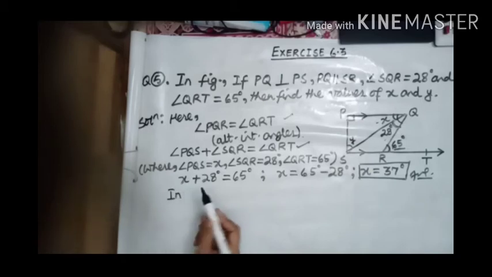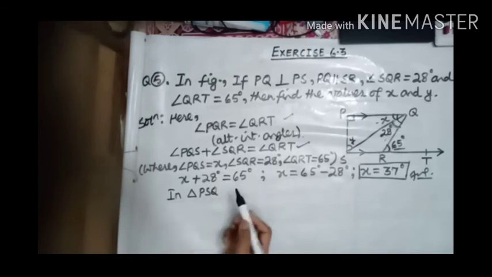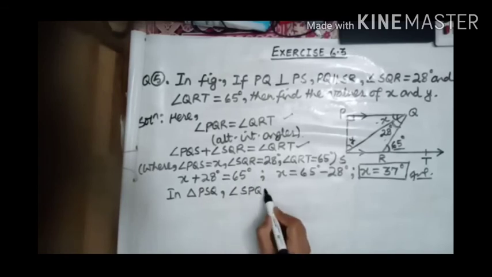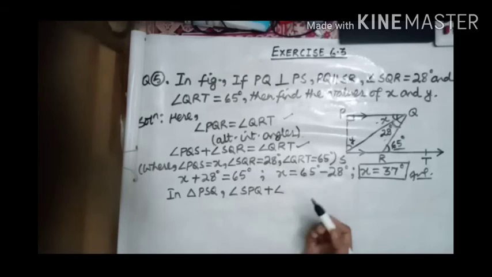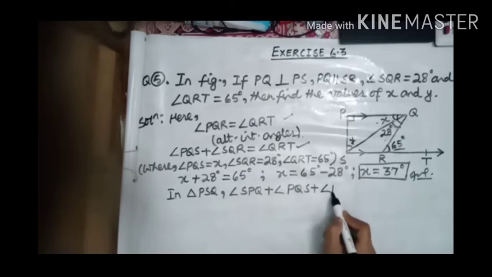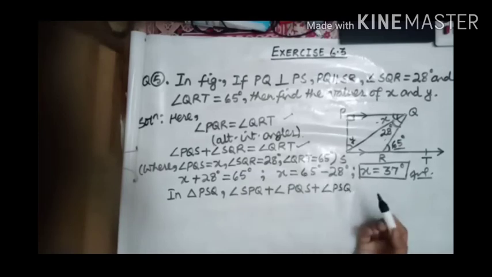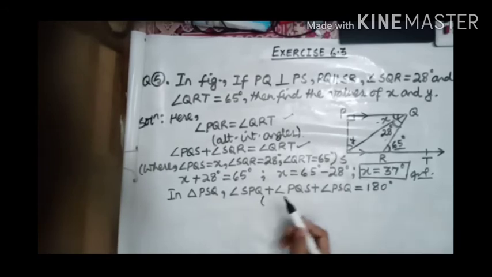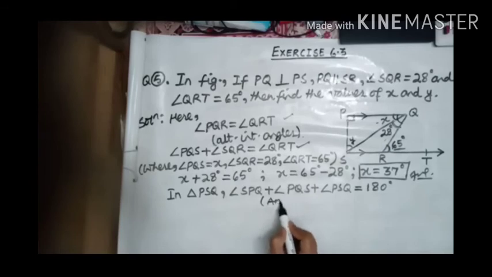So in triangle PSQ, we have angle SPQ plus angle PQS plus angle PSQ equals to 180 degree. Reason: angle sum property.